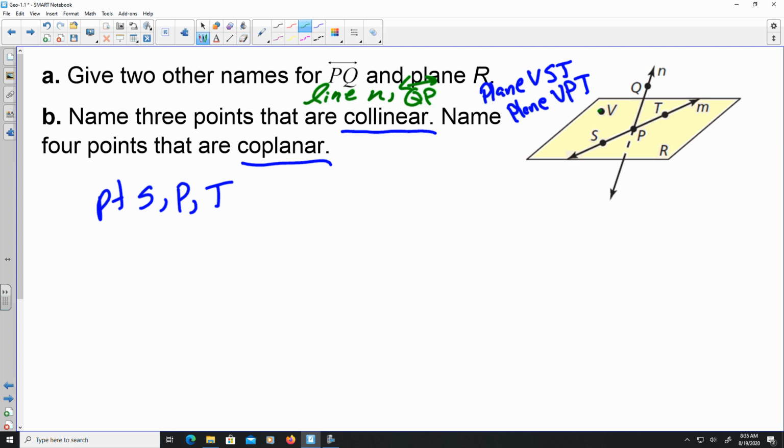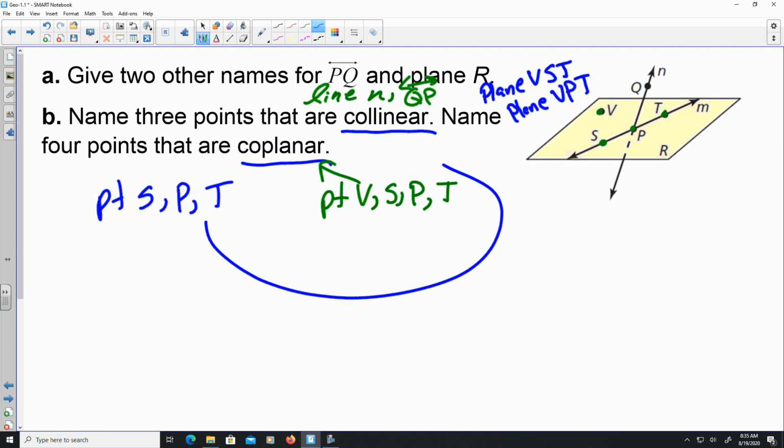V is in plane R, S is in plane R, P is in plane R, and T is in plane R. The only point that is not part of the plane is Q because it's outside of the plane. So we're going to say this is points V, S, P, and T. Those are the coplanar ones, and these ones are the collinear ones.